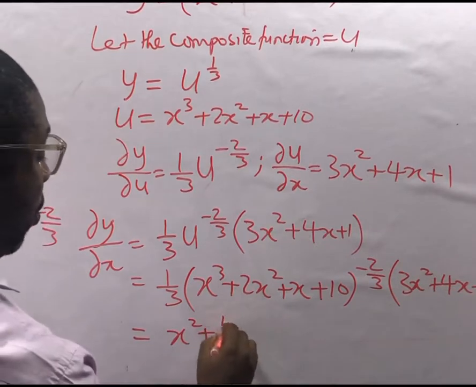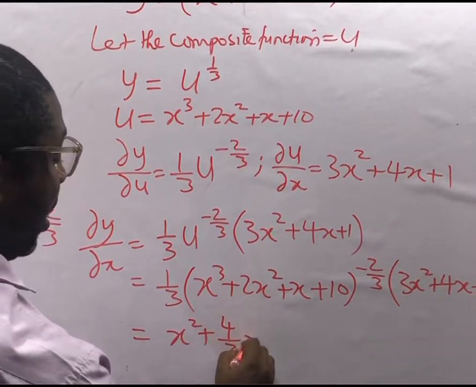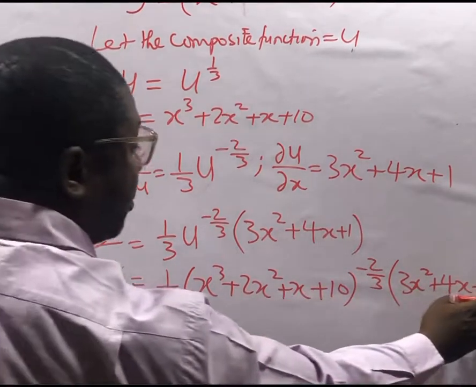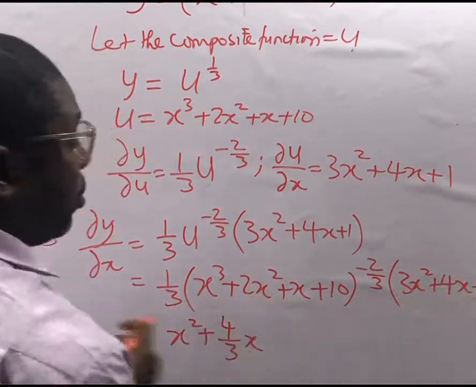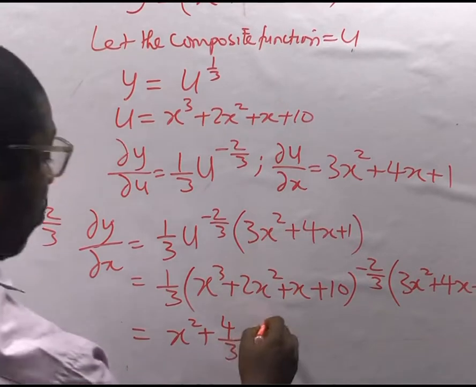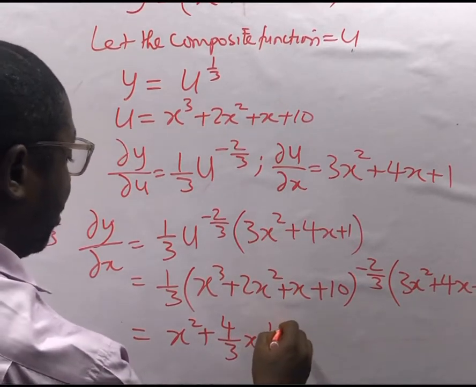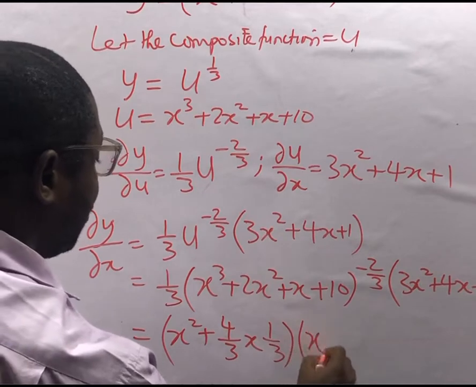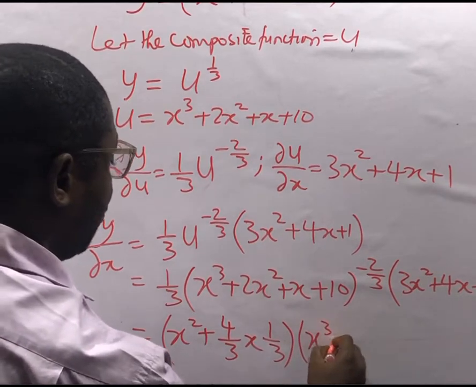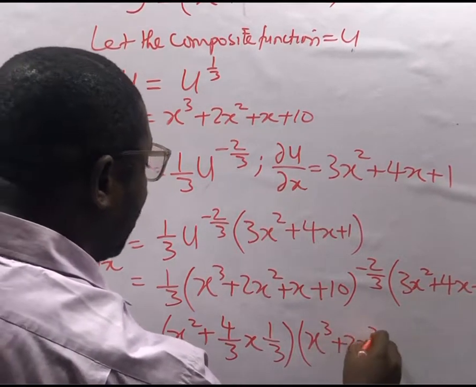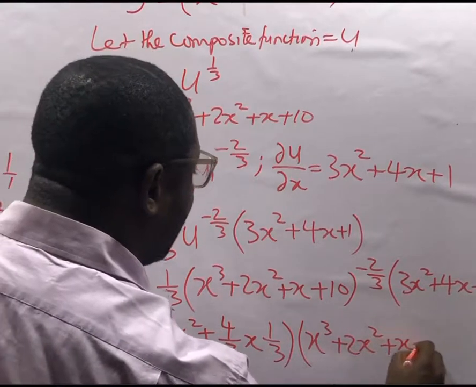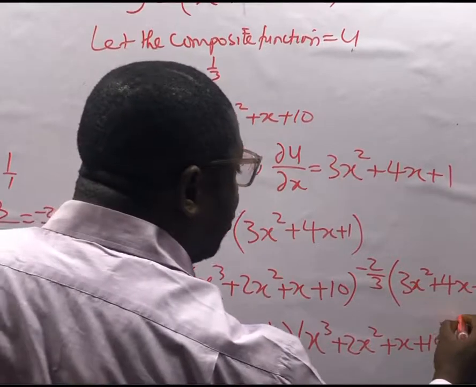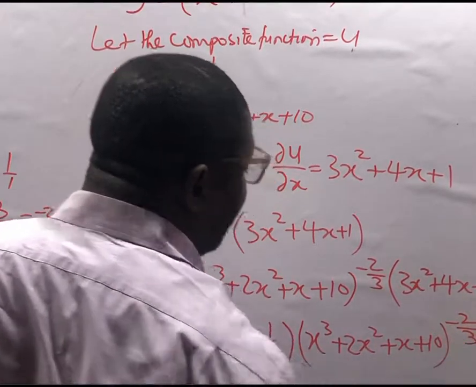That leaves us with 4/3 x. Then this times this, that's 1/3 times 1, that gives 1 all over 3. So that's what we have, multiplied by x raised to the power 3 plus 2x raised to the power 2 plus x plus 10 raised to the power minus 2 all over 3.